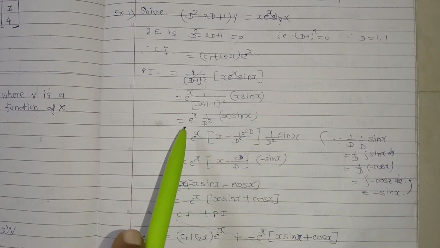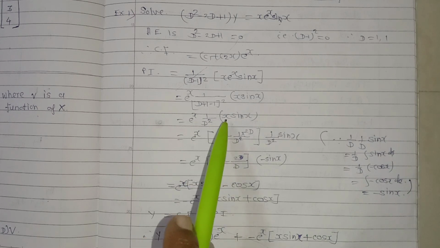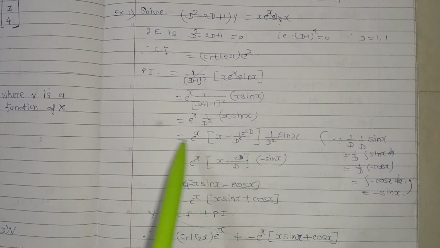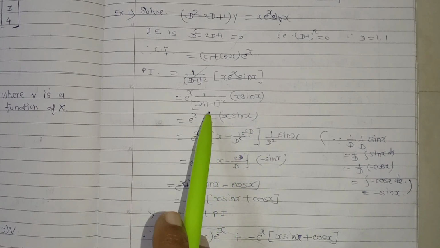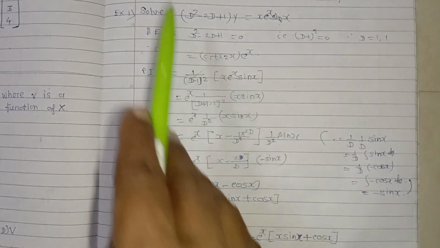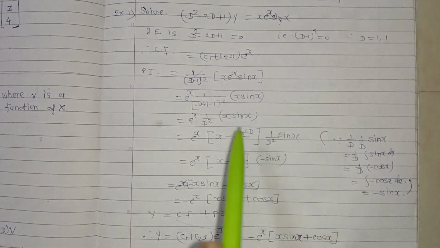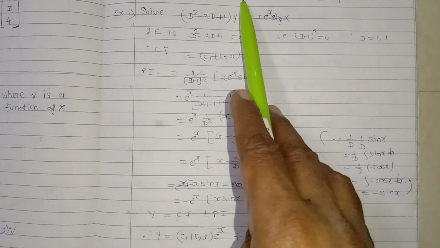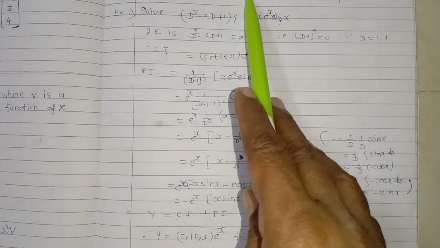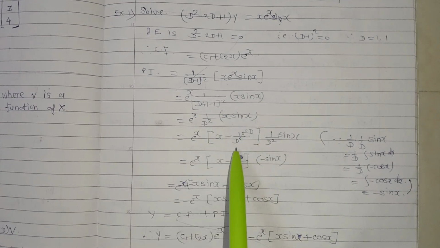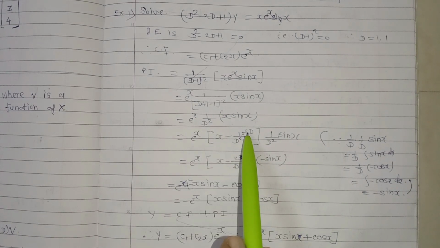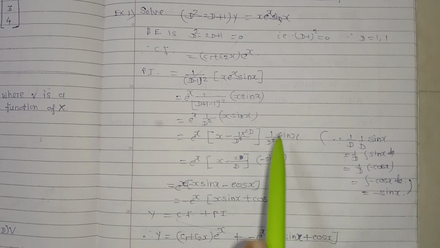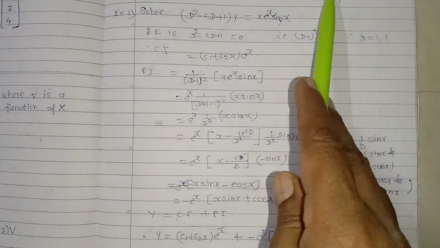After simplifying we get e raised to x, 1 upon D square of x sin x. Now we use the formula we have studied, 1 upon f(D) operated on x phi, where phi1 is sin x. So we get x e raised to x into bracket x minus 1 upon f(D), 1 upon D square, and the derivative f dash D, the derivative of D square, is 2D, bracket complete, into 1 upon f(D), that is 1 upon D square, operated on phi1.